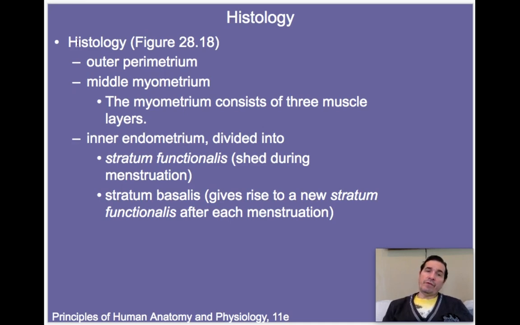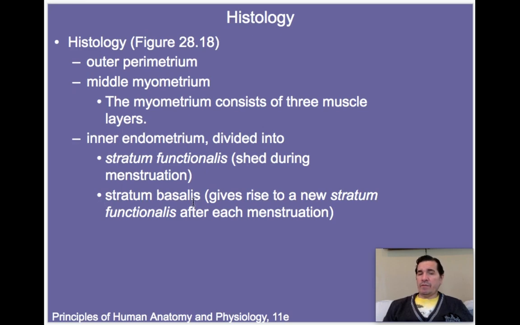We also notice that on the structures we have different layers. Now, this is where it's important to realize that the middle layer is the myometrium, which is muscle. There are three layers of muscle there. And then the innermost layer, the endometrium, is more of an epithelial tissue, which has two layers: the stratum functionalis and the stratum basalis.